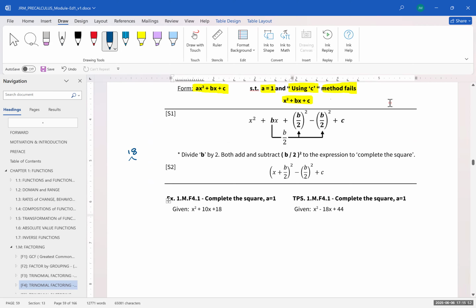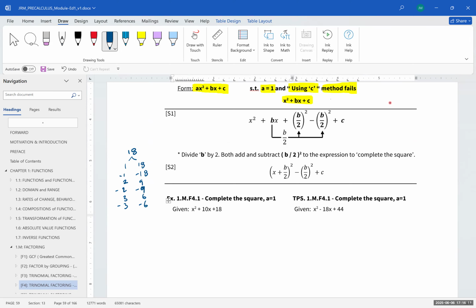For 18, we could have 1 times 18 to give us positive 18. We have -1, -18. We could have 2 times 9 and -2 times -9. We could have 3 times 6 and -3 times -6.